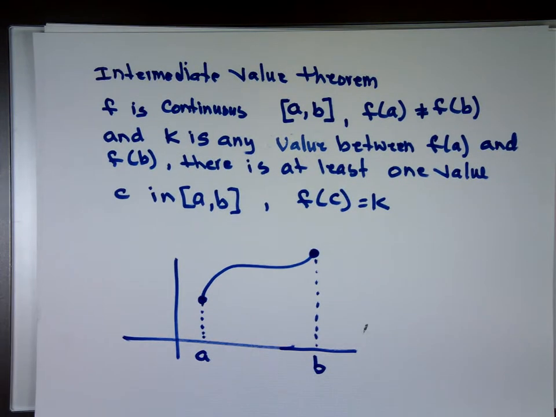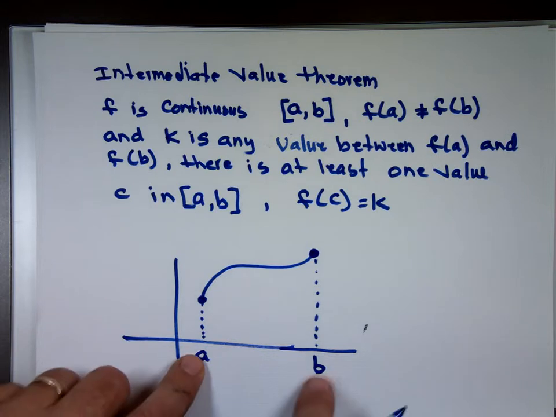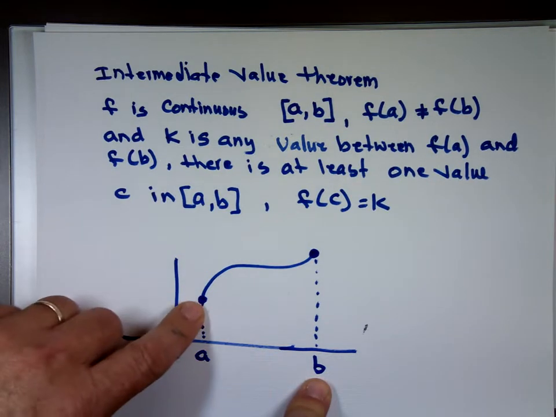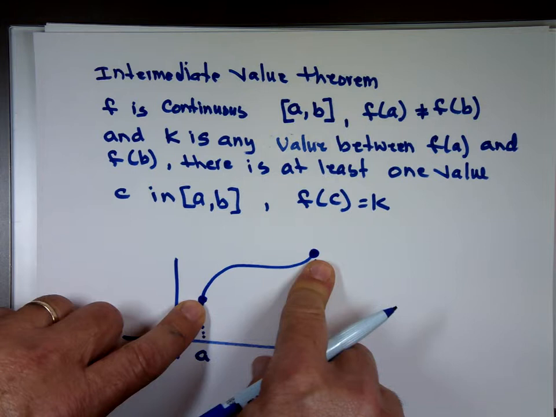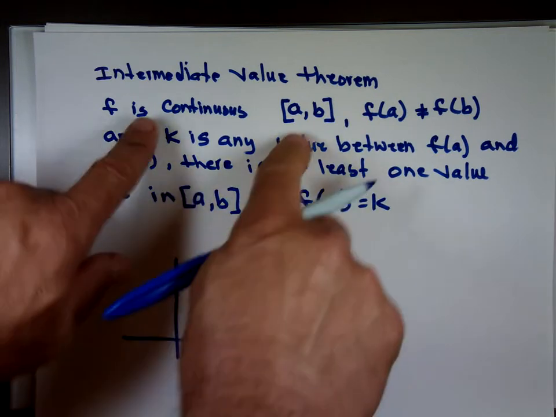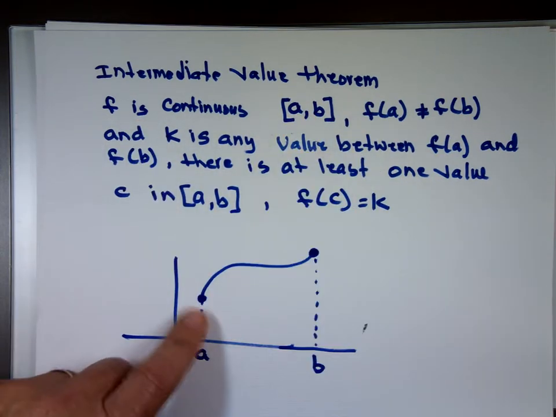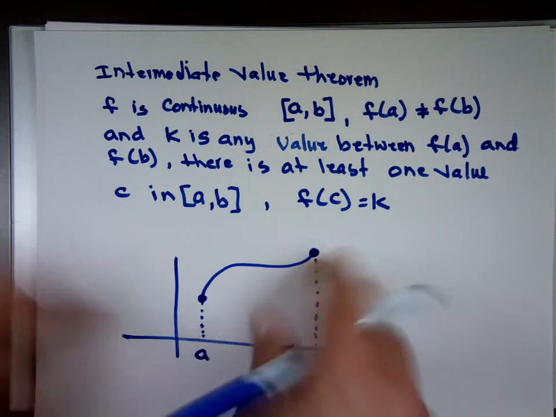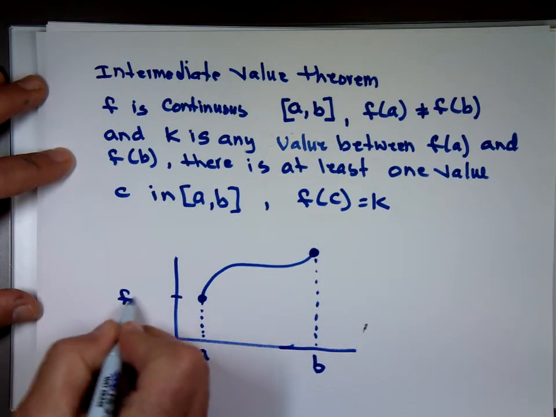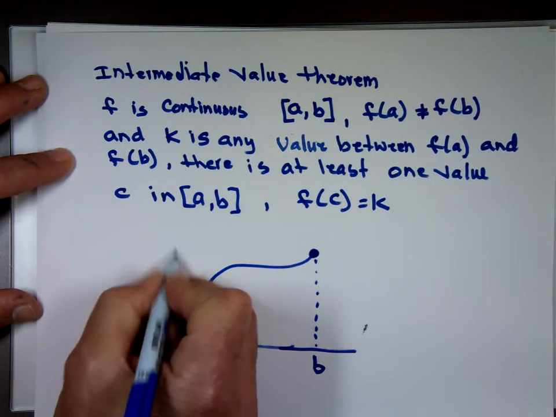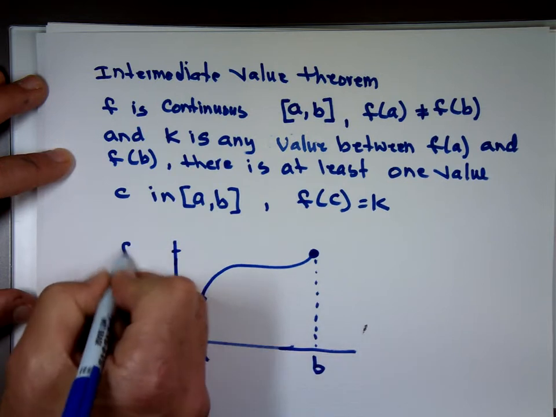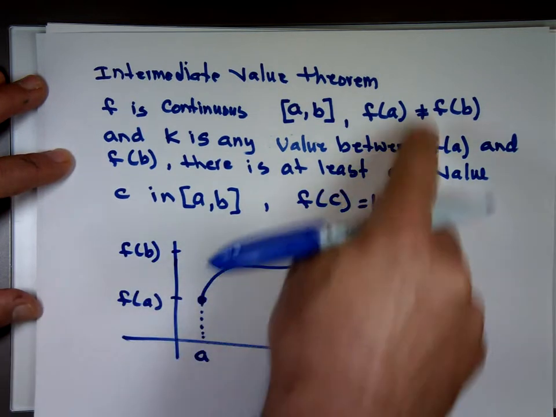Yes. Good. Do we have a closed interval A to B? That means is A a closed circle, B a closed circle? Yes, so we fit the first two. Is f of A different than f of B? Notice this is f of A. This is f of B. Are they different from each other?